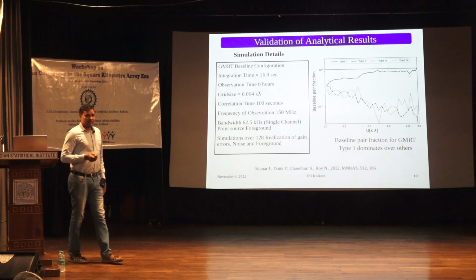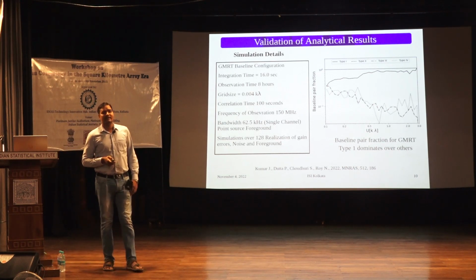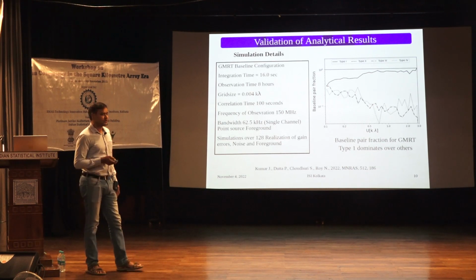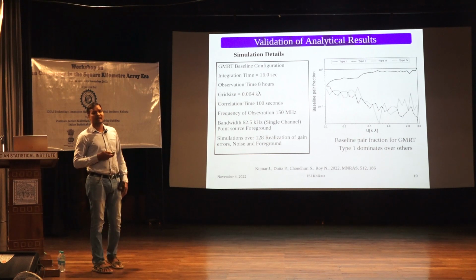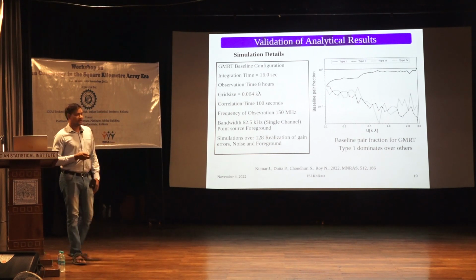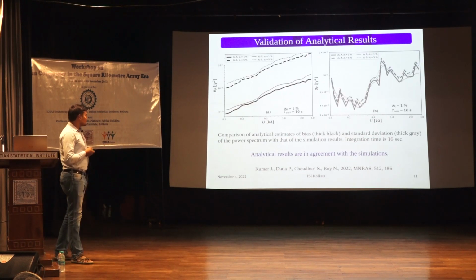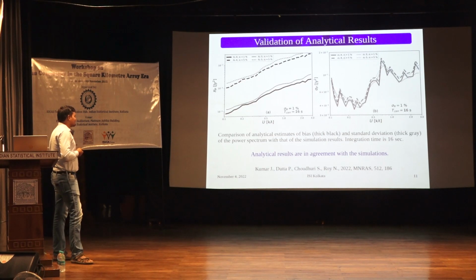We validate our analytical results with simulations. We perform the simulation using GMRT over 128 realizations of gain error, noise and foreground, and validate our results. Here we see both the results.